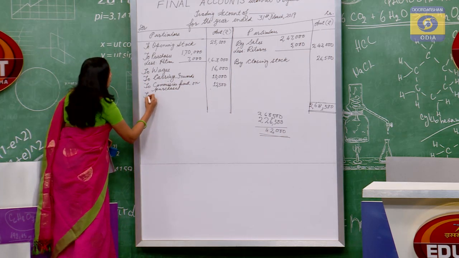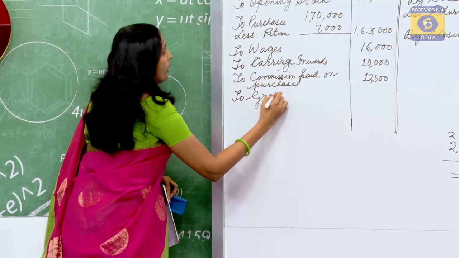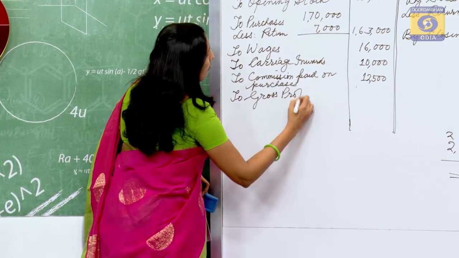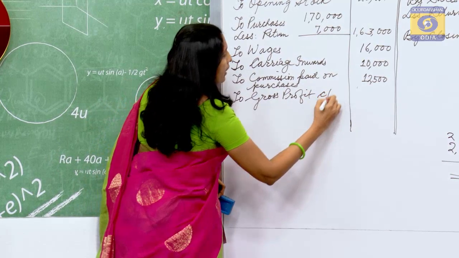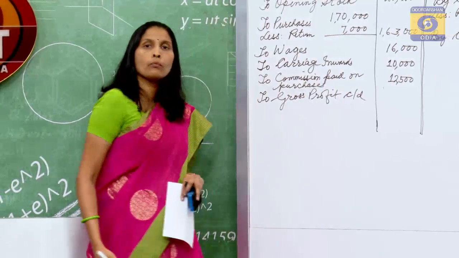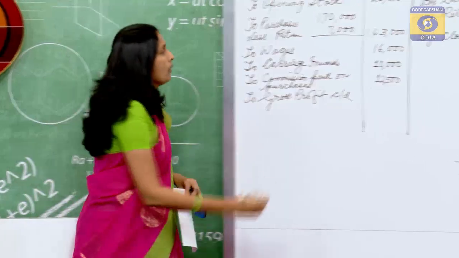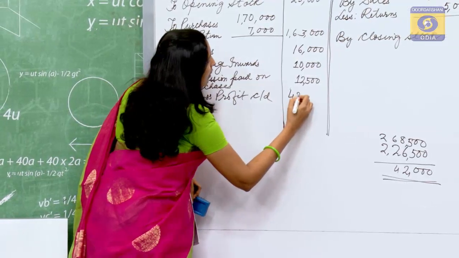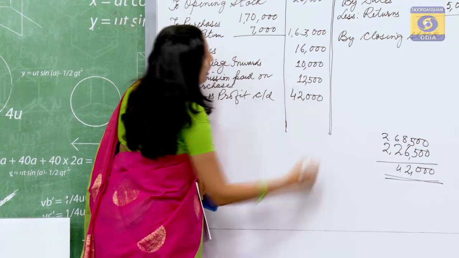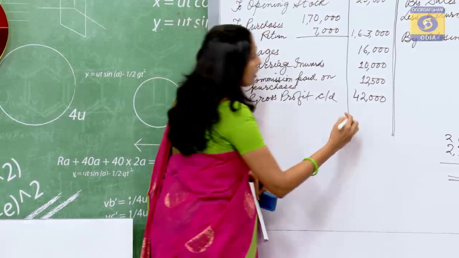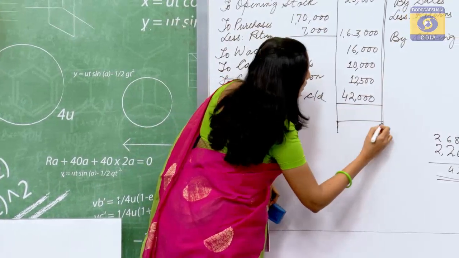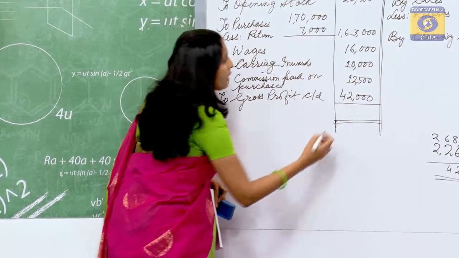So, we will write to gross profit. Either we can write carried down, or we can write gross profit transferred to profit and loss account. It is the same thing. Since the profit and loss account is an extension of this trading account, which we shall discuss in detail, you can write it either way.